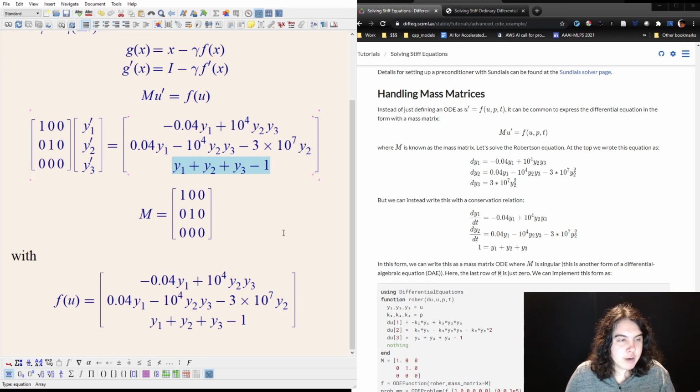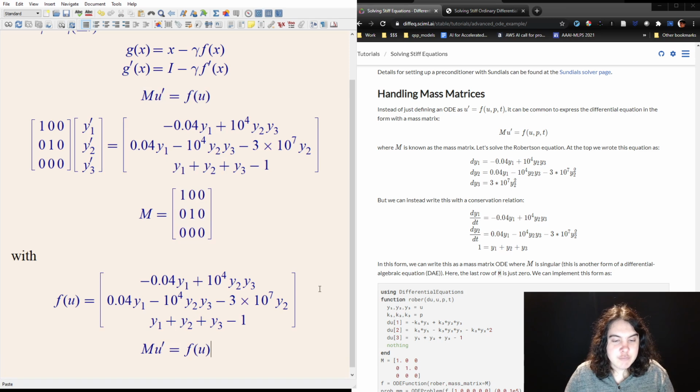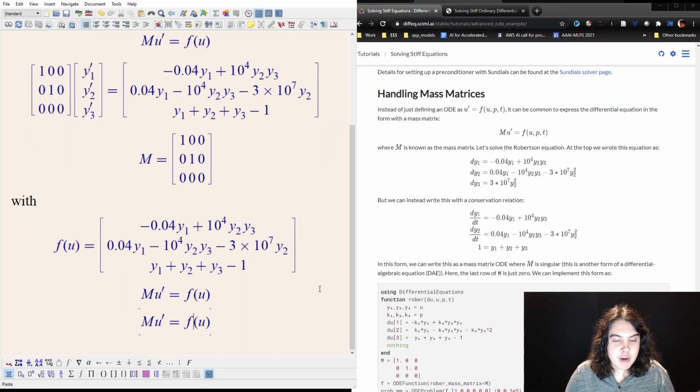When you have a differential algebraic equation, one where you have constraint equations, your mass matrix is going to be singular. It is a function of the form Mu' = f(u), but you cannot write it as a standard ODE, M inverse f(u), because this is a singular mass matrix.